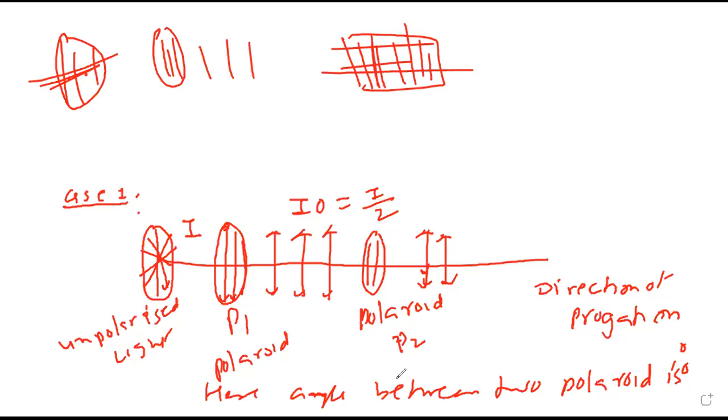Once case 1 is completed, we'll see what happens at 90 degrees. In the parallel case, the same comes out. Whatever the intensity through the first Polaroid, the same will be through the second Polaroid. Done, sir. Okay. Everybody is done? Shall I clear it? No, sir, 1 minute.